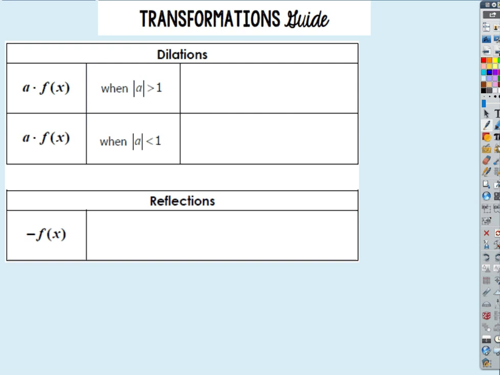So if the absolute value of a is greater than 1, it's going to be a stretch by a factor of a. Okay. What happens if the absolute value of a is less than 1? So it could be negative 0.5 or positive 0.5. It's going to compress it.